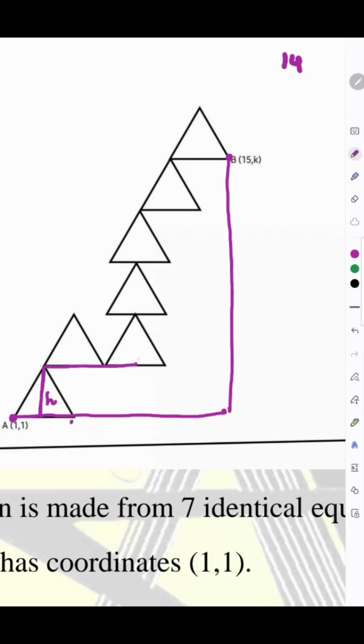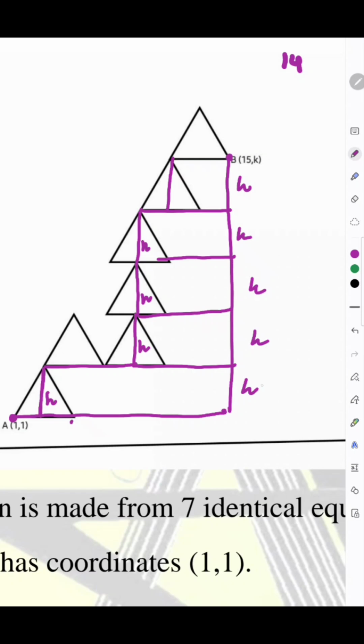And then again one more h, one more h, one more h, and finally one more h. It's 5 times h, and plus 1 because we have started from 1 itself. So plus 1 will give me the coordinate for k.